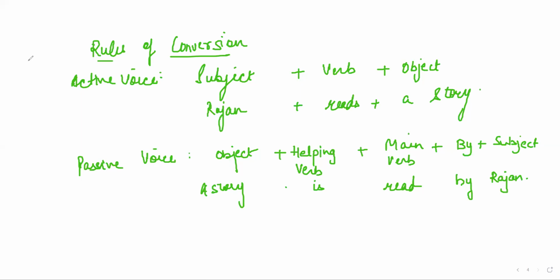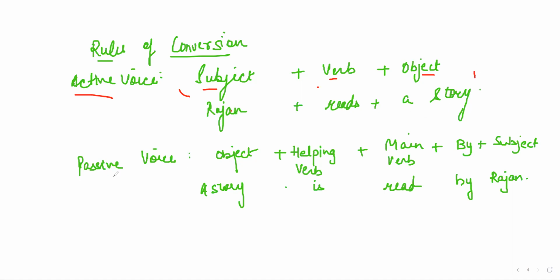Now let us see the rules of conversion here. You can see this active voice I've written. The sentence formation is subject plus verb plus object. So we have Rajan reads a story, right? Rajan is the subject here, reads is the verb here, and story is the object here. So what does Rajan read? A story.